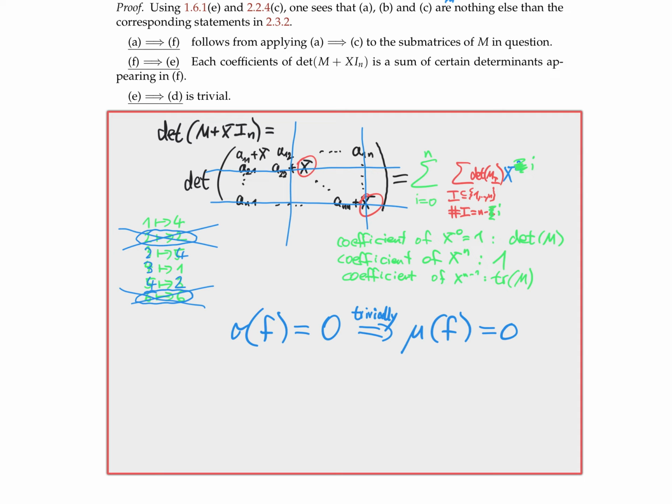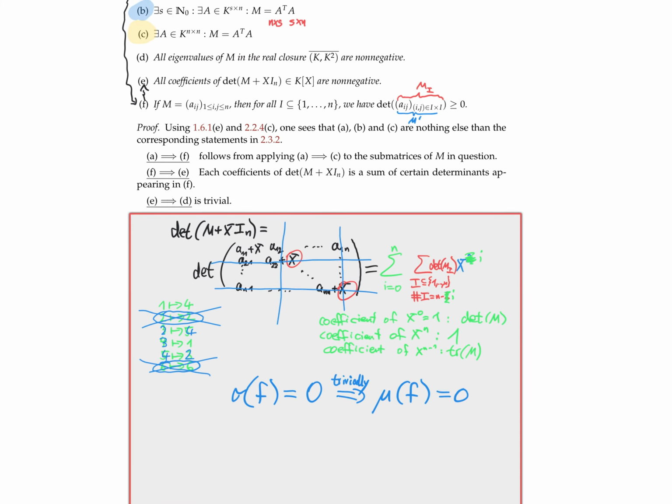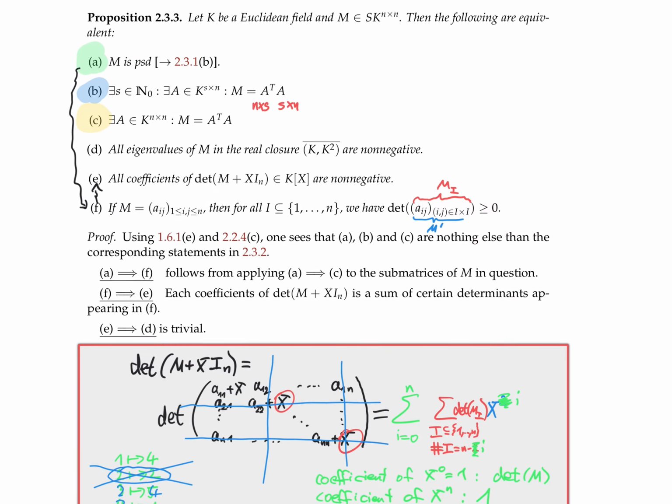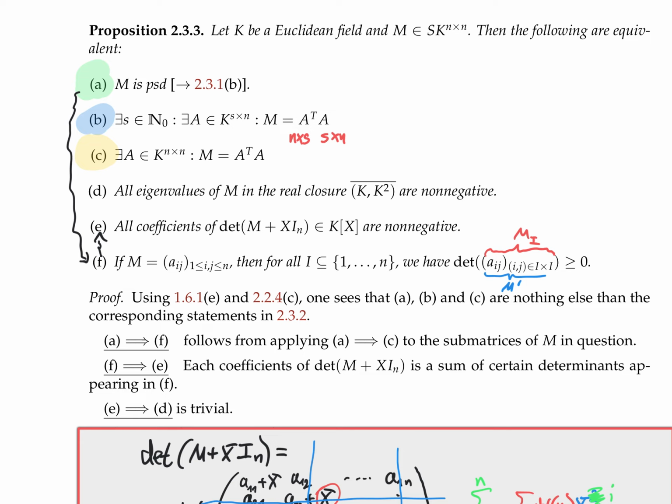So you will never get a positive root in this case. So you use a very trivial case of Descartes' rule of signs, if you want. People often cite Descartes' rule of signs here, but I don't think it's good, because it's really trivial. Nobody needs to learn about Descartes' rule of signs in order to prove this. So, E to D is trivial.